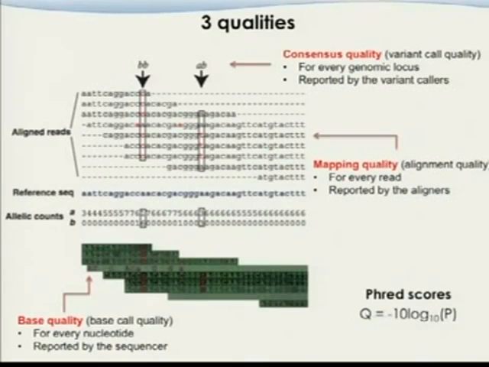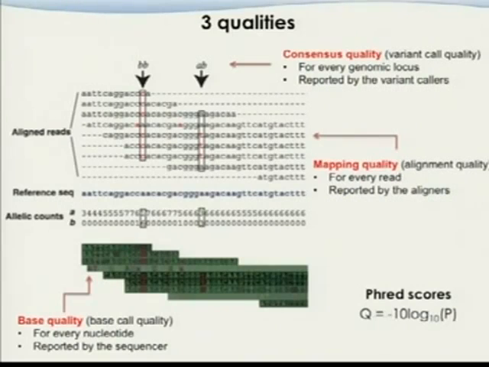It can be really confusing when you talk about the quality of the data. If people ask me, what's the quality of this sequencing data? I really don't know how to answer that question because there are so many different definitions of quality. There are three levels of quality that we can evaluate very solidly.